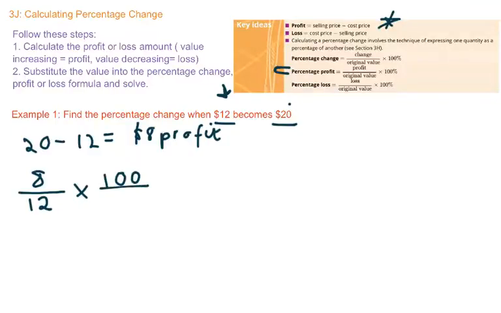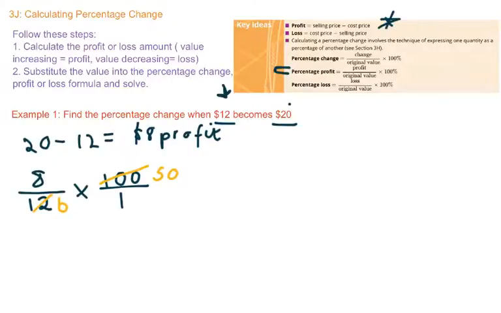100% is the same as saying 100 over 1. Like we've done in the previous chapters, I want you to simplify it just once. So if we look at the 12 and the 100, let's find a number that goes into both of those. Well, they're both even, so then I know that the number 2 has to go into them, so let's work with the number 2. 2 goes into 12 6 times, and 2 goes into 100 50 times.